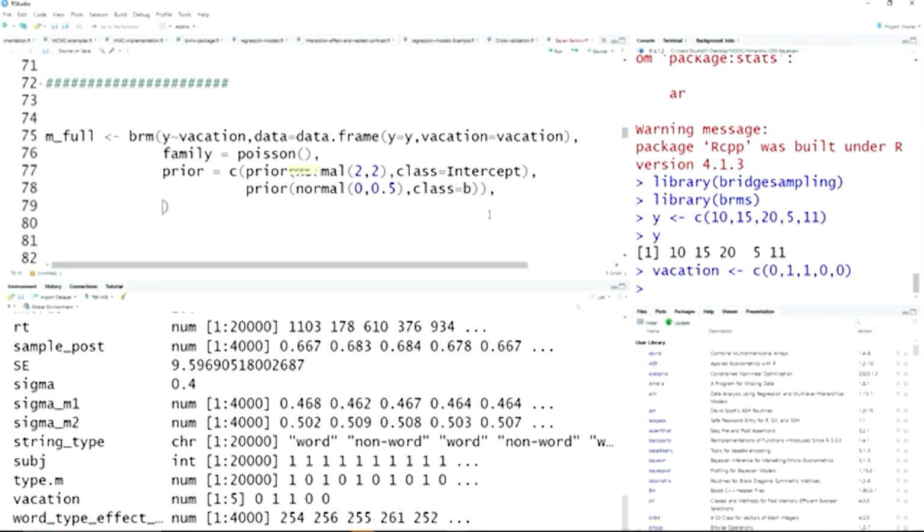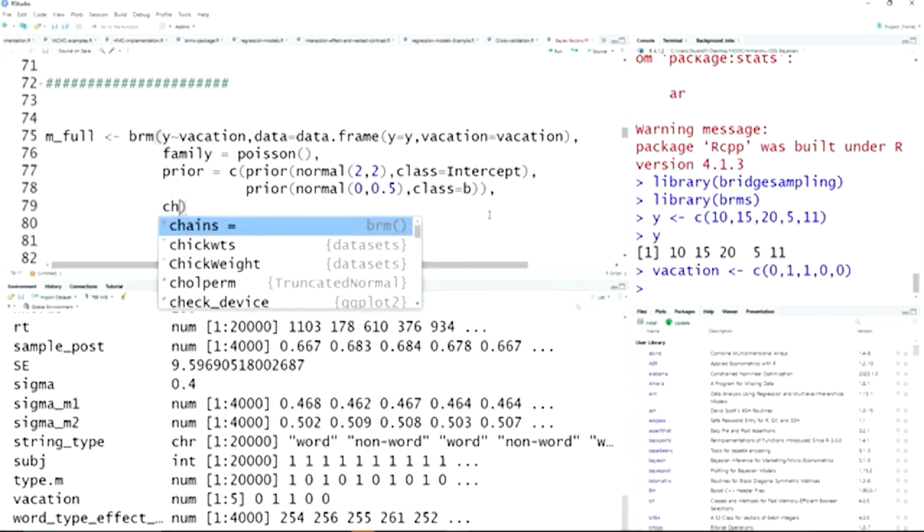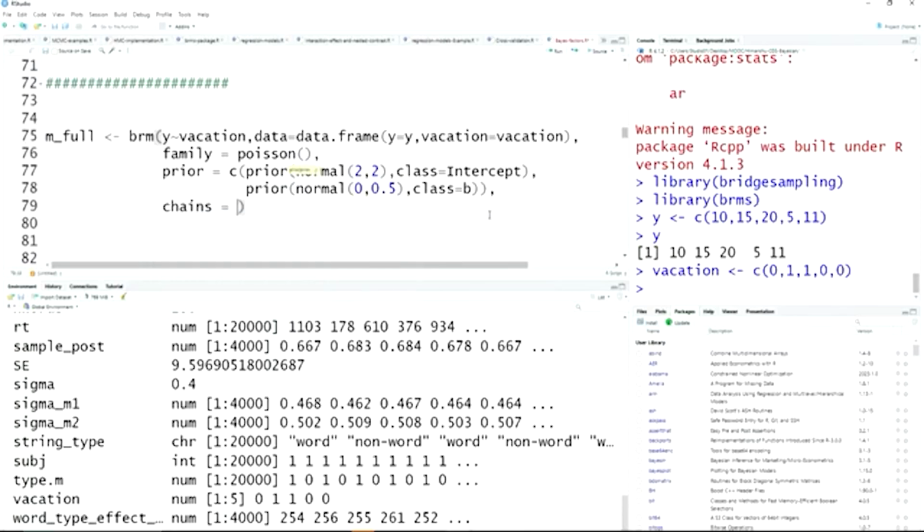Now you can set up how many chains you want and the number of cores, all these hyperparameters of the algorithm. This will fit the model M full. One more thing I want to do is set how many iterations you want in each chain. I should increase the number of iterations, because as I told you, Bayes factors are often unstable.